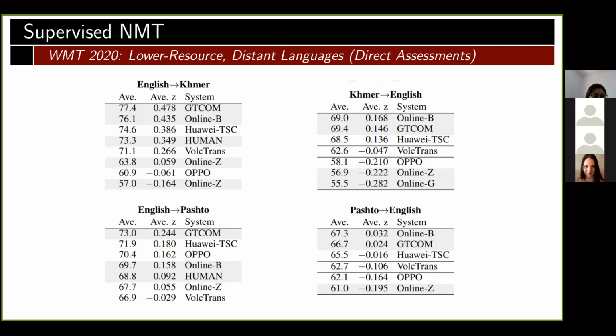Humans are not getting a performance of 80% or 90% quality. Humans are also in the middle of the table, with 73 here and 79 here for direct assessment. So translation is more difficult. Humans can even perform not as well as expected, and the evaluation is also more difficult.